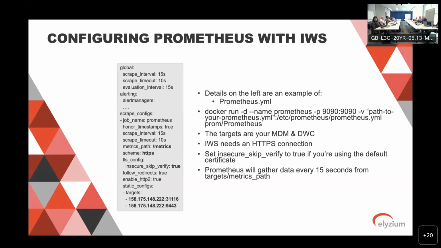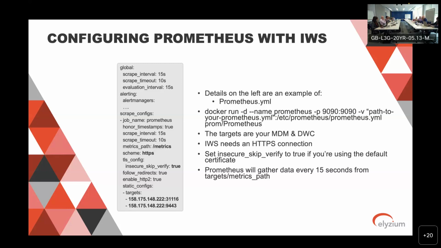The other useful pieces of information, firstly, you have to get the information using HTTPS, not HTTP. And if you are using the self-signed certificate within your environment, if you haven't changed the master and the DWC's certificate, then you have to set insecure skip verify true.